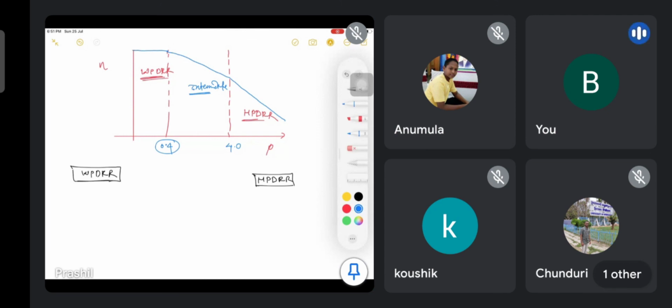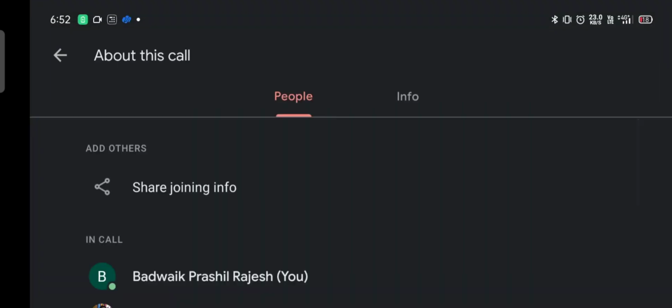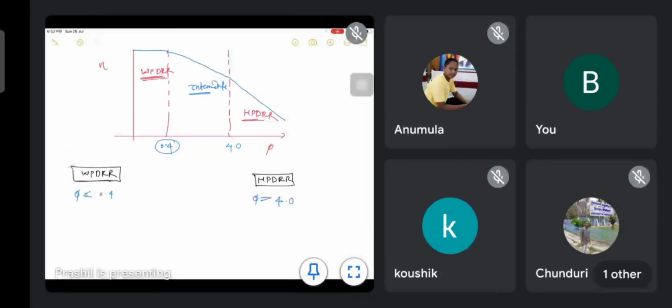Less than 0.4 in case of weak, and it is greater than 4 when it is the high pore diffusion resistance regime. Now we can see, for the weak pore diffusion resistance regime, that is the first point. Now you write the second point.